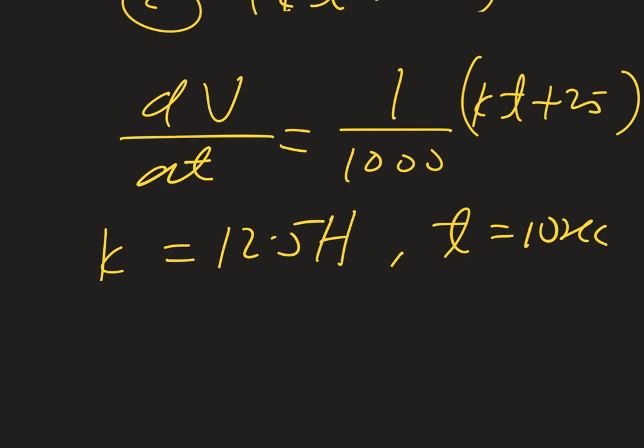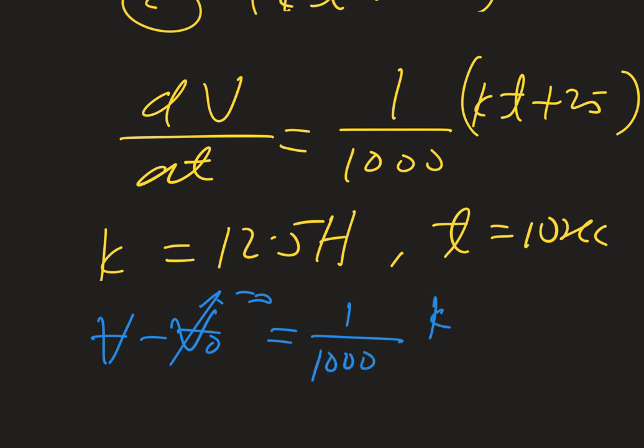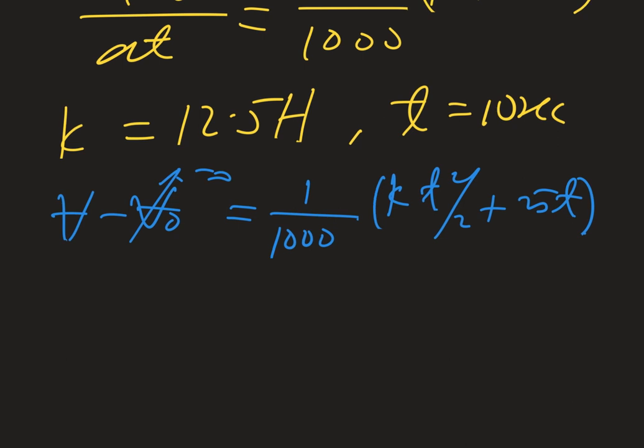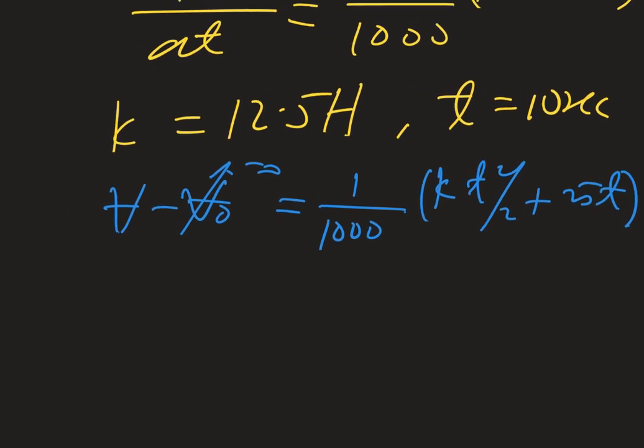So this V is the volume. V minus V naught, which is 0 initially, equals 1/1000 times (k t squared over 2 plus 25t), because t naught is 0. We know this is 10 seconds.